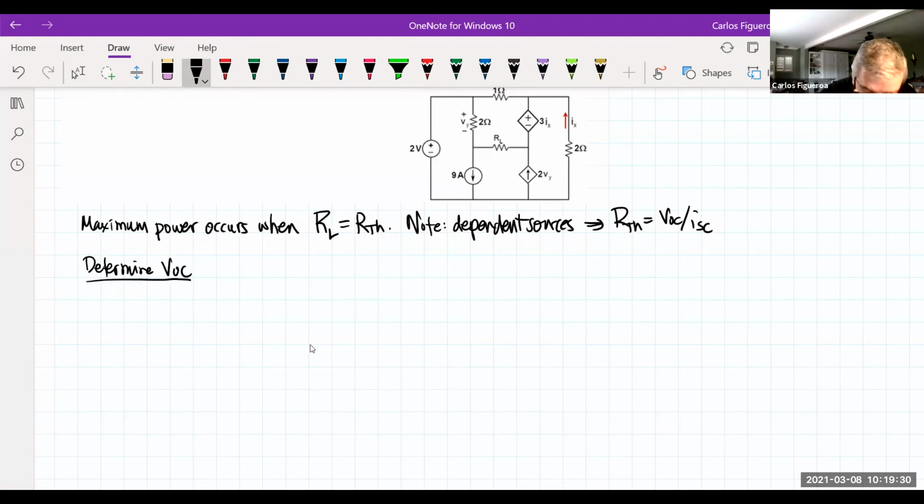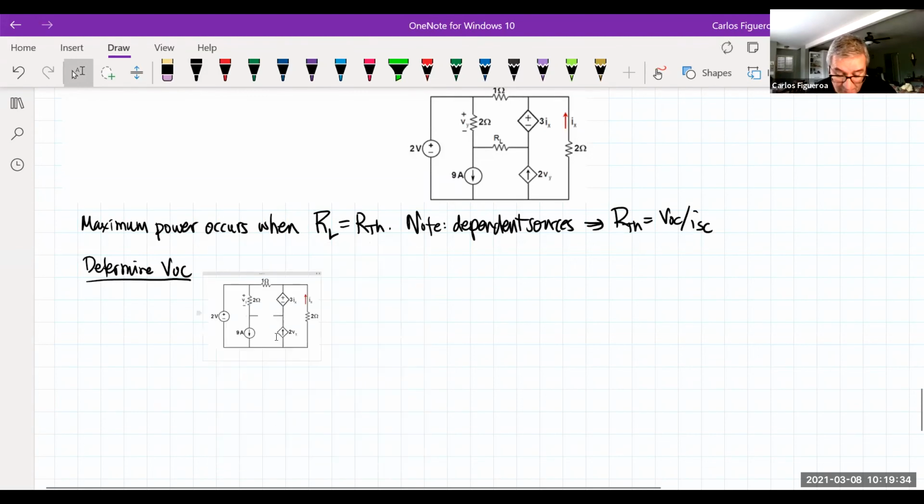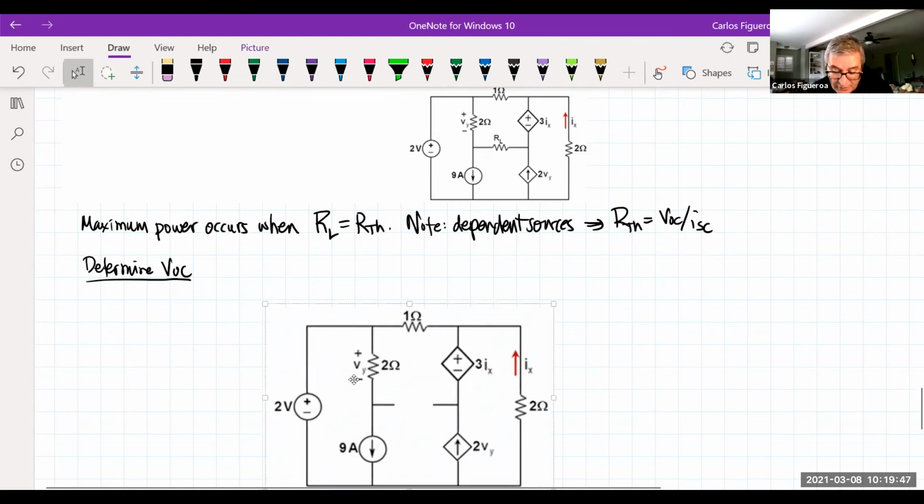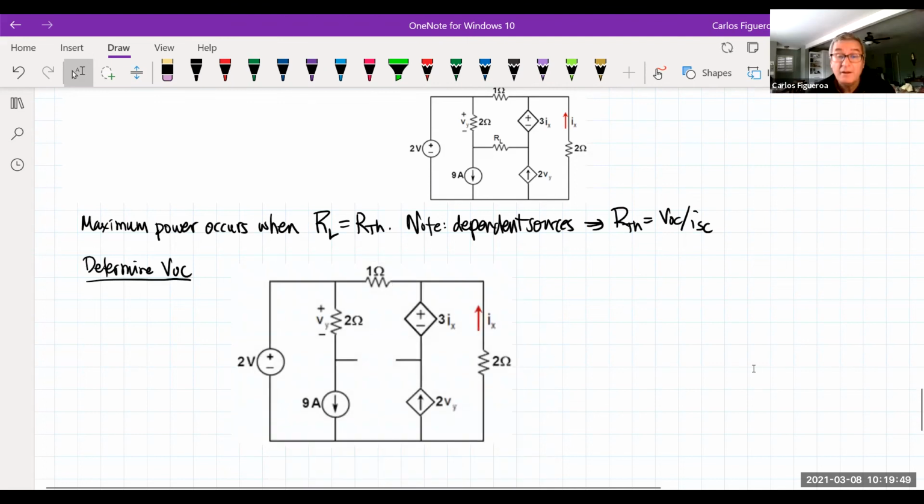So what we're going to do here is that we want to determine VOC. So let's go look at that. So here I go. So here's the circuit here. If I want to go determine this guy here, what do I got to do?